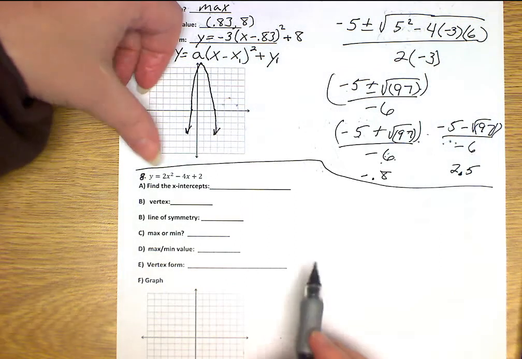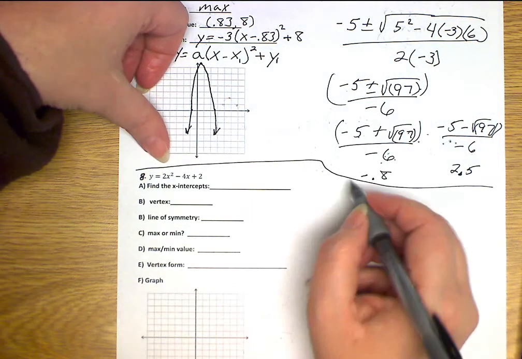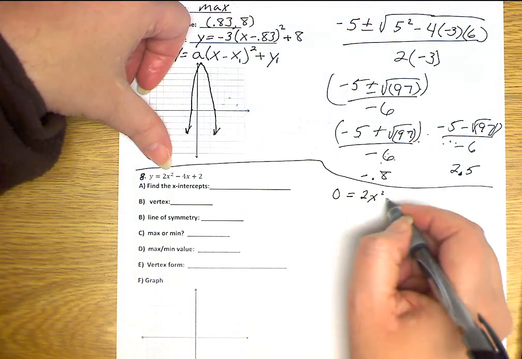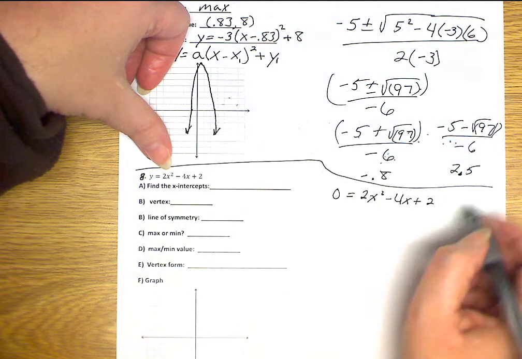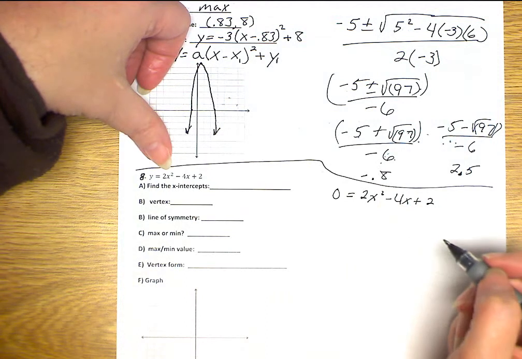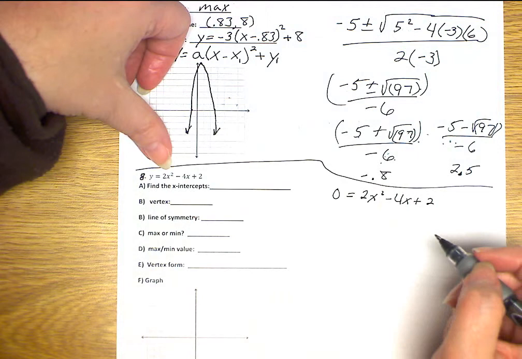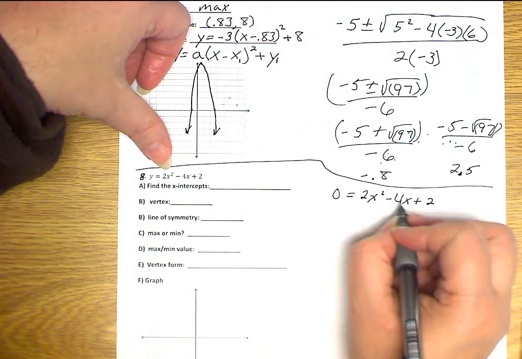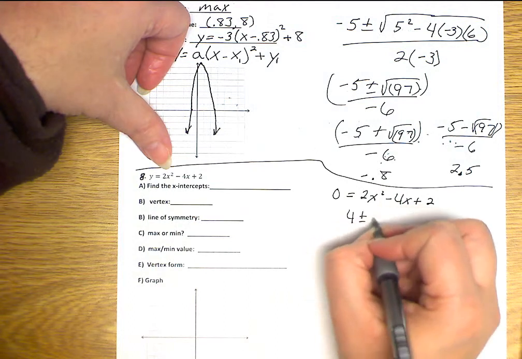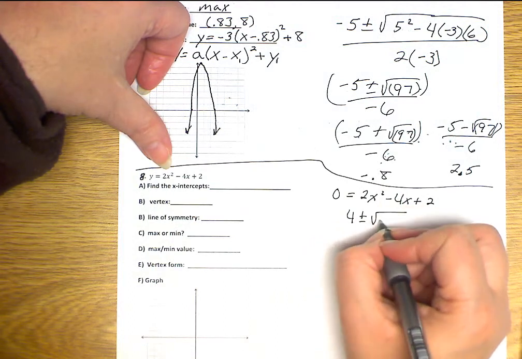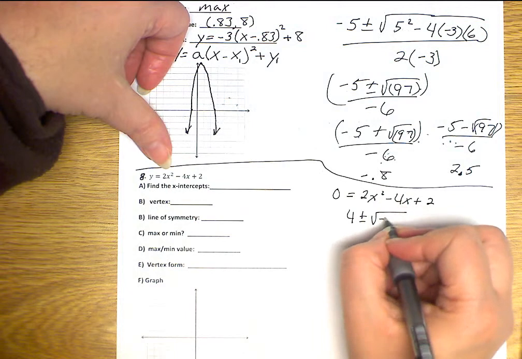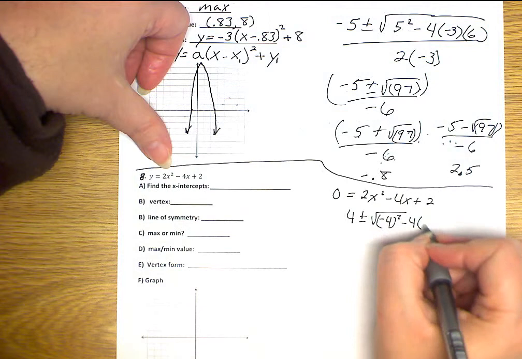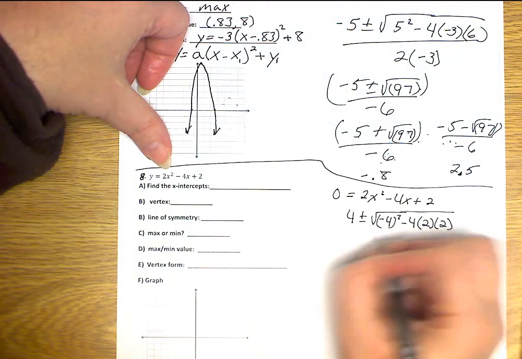Finding the x-intercept. First thing is 0 is equal to 2x squared minus 4x plus 2. Then I can use the quadratic formula. So I have negative b, so I have 4 plus or minus the square root of b squared, so negative 4 squared minus 4ac, all over 2a.